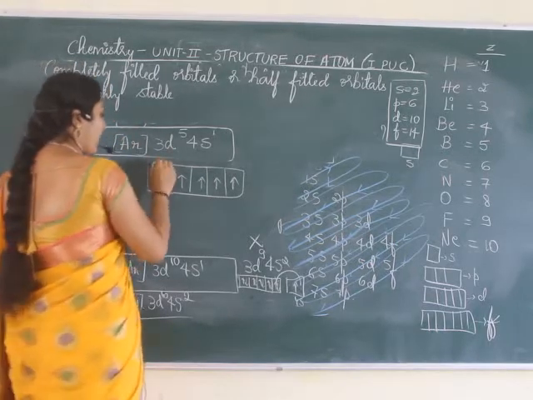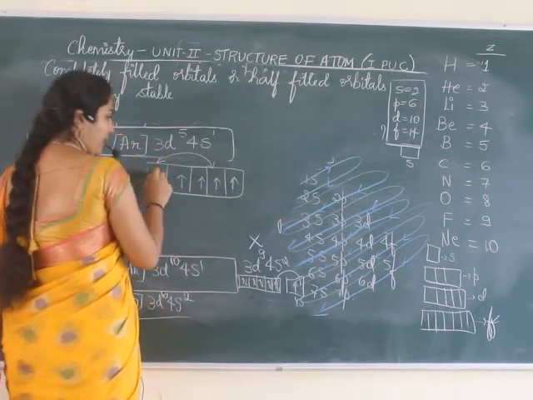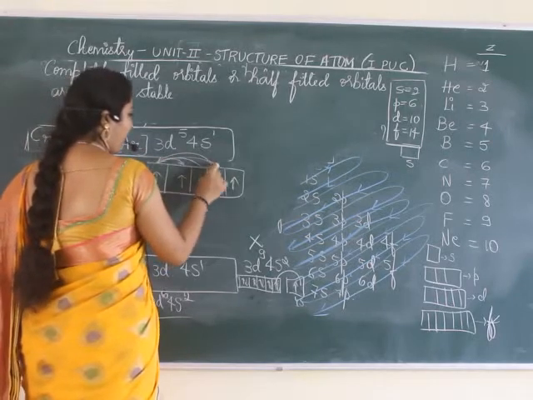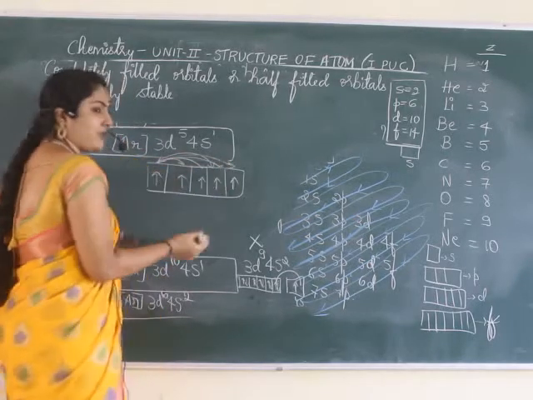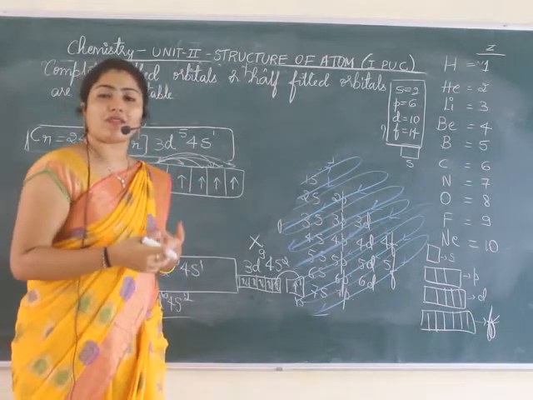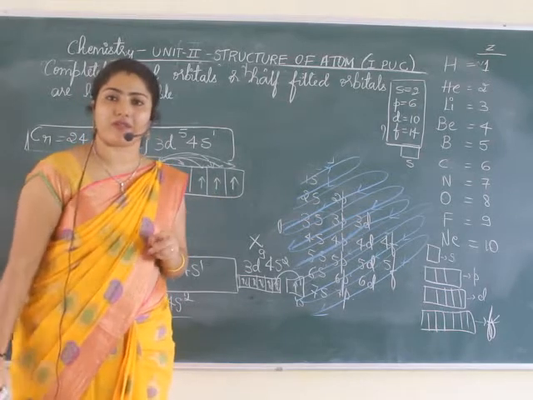That means one electron can jump to the other orbital and that can come back to the other orbital, or it can exchange with the neighboring other orbitals. So that also can go on exchanging. During exchange, extra energy that is got, that will result in the stability of the atom.